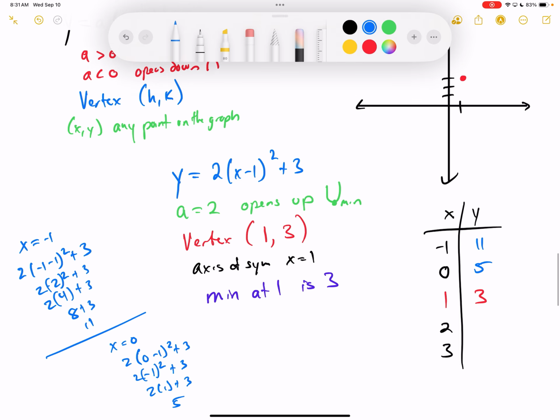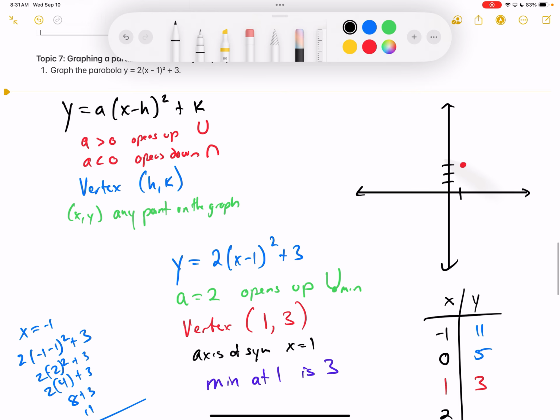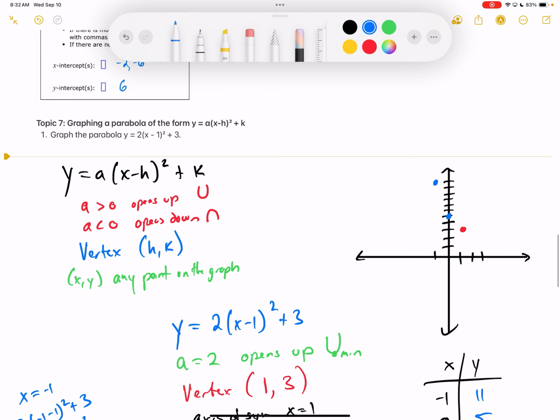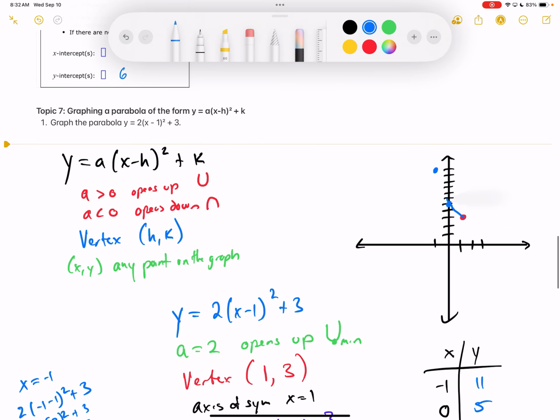So if I go graph these real quick, 4, 5, 6, 7, 8, 9, 10, 11. I got 0, 5. So that's my y-intercept, right? 3, 4, 5. And then I got negative 1, 11. This is the left side of my graph.